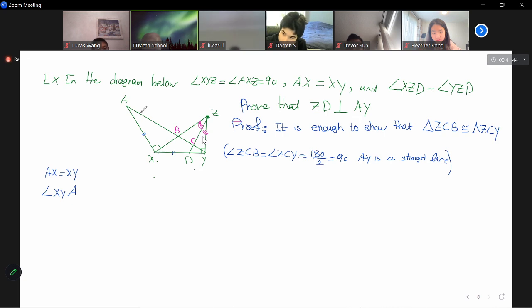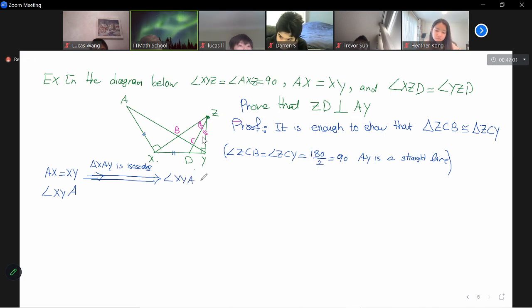Let's look at this angle. So this means this is an isosceles triangle. So the triangle XAY is isosceles, right? And this means that the angle XYA is equal to the angle A. Is it clear, everyone? This is equal to angle A because it's an isosceles triangle.